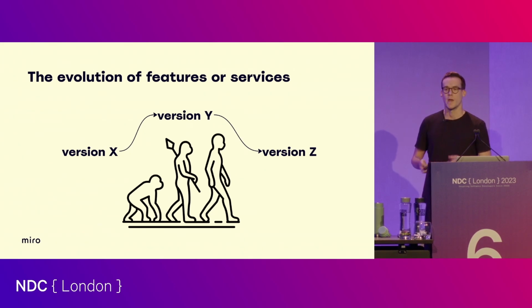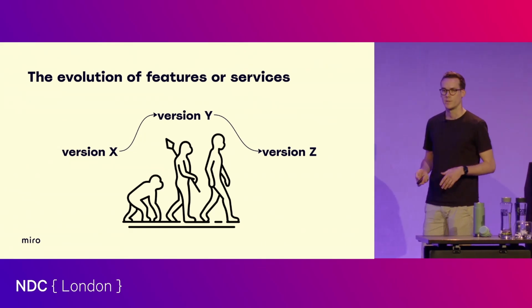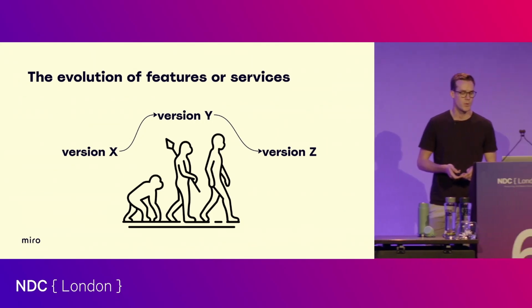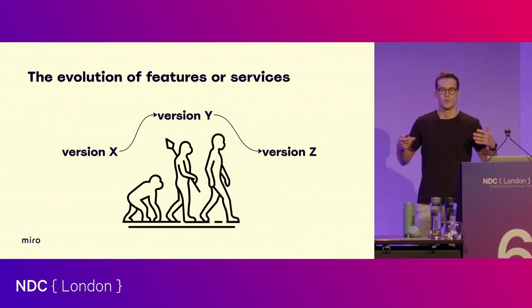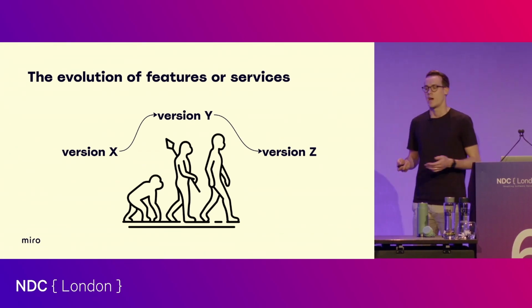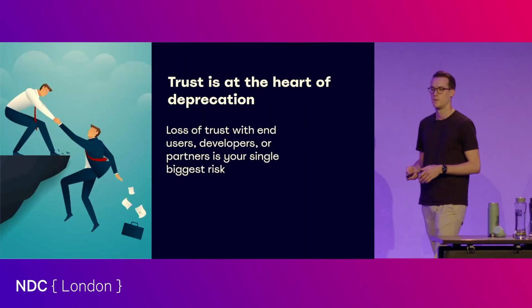We need a way to handle these older versions and offload the time, the resources, the money that we're spending on maintaining things that may no longer be necessary. And so, now that we understand what deprecation is and why we do it, how do we actually achieve these goals? Well, it all starts with trust.